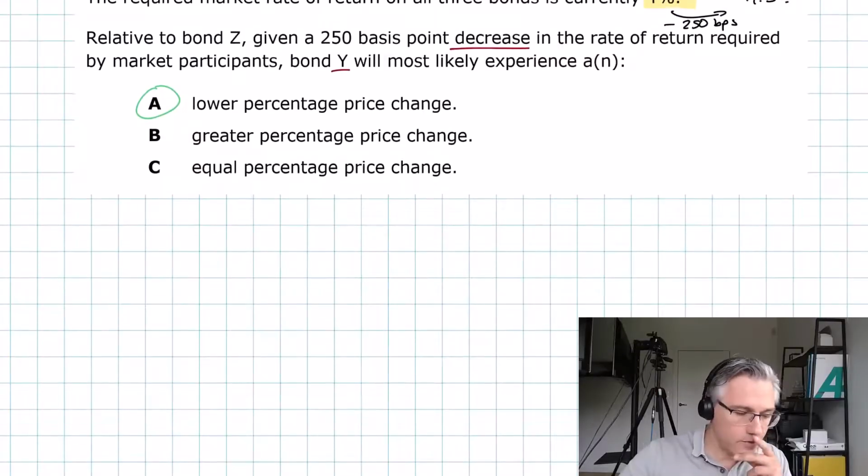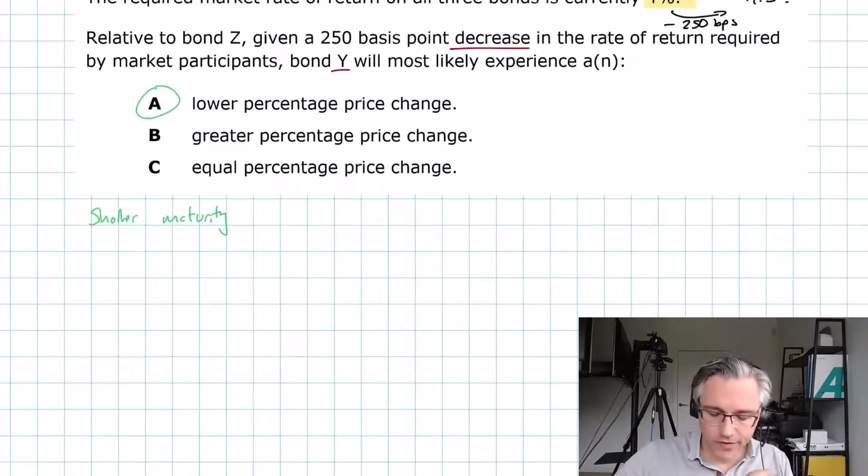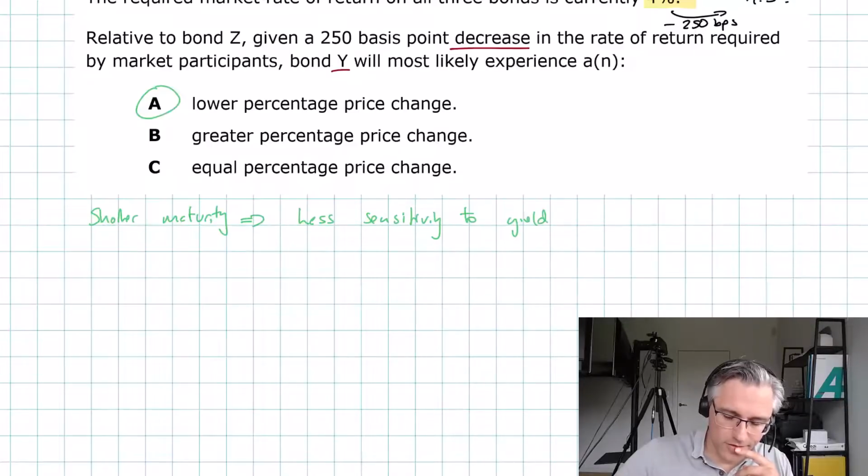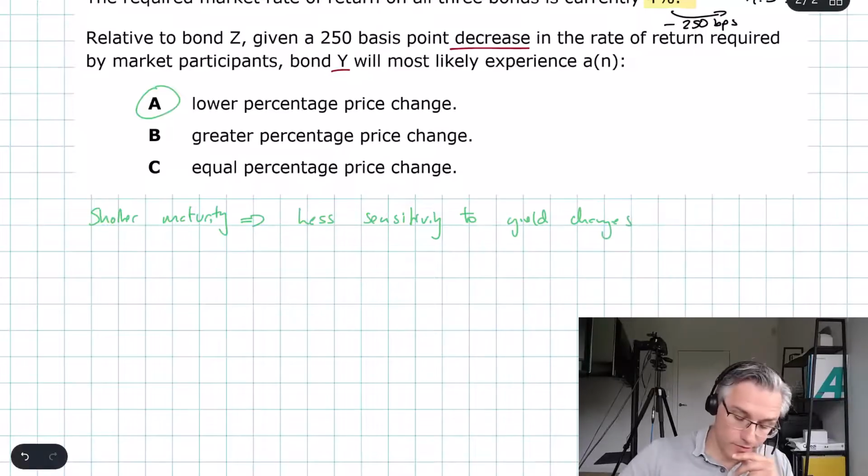Why is that? Well, shorter maturity bonds, and this is a fundamental thing for bond investing, exhibit less sensitivity to yield changes than longer term bonds do.